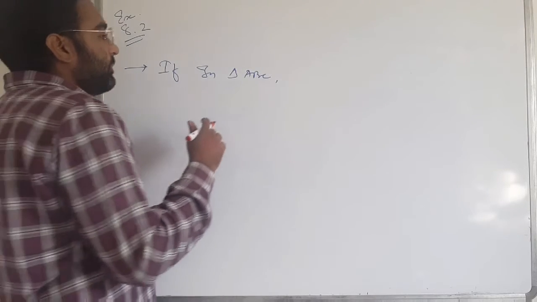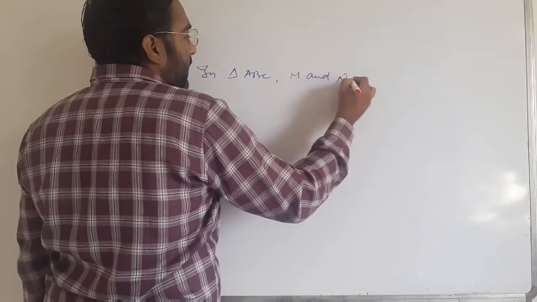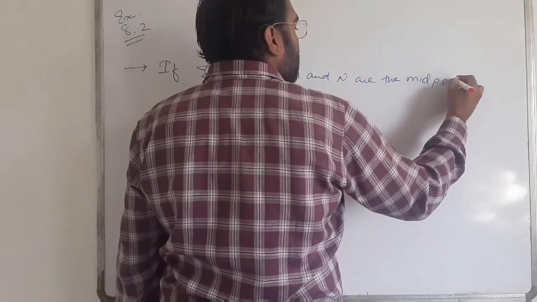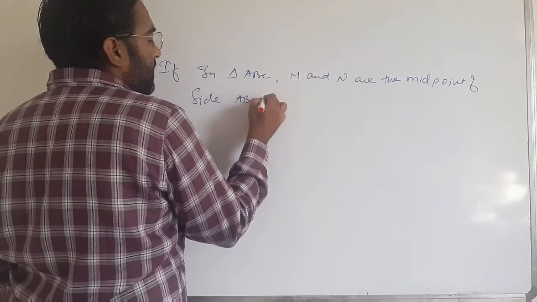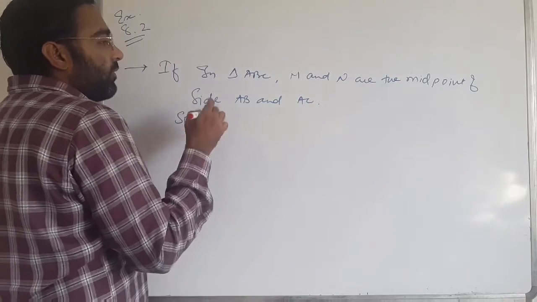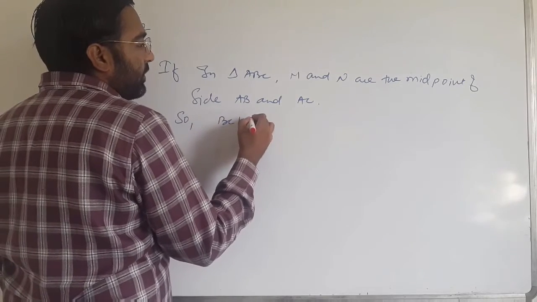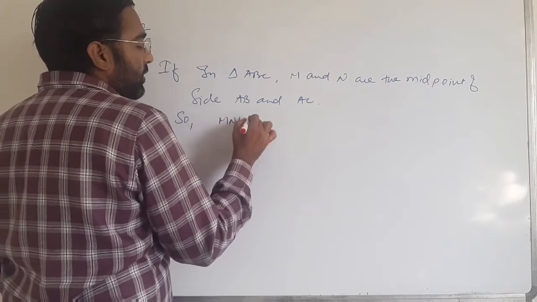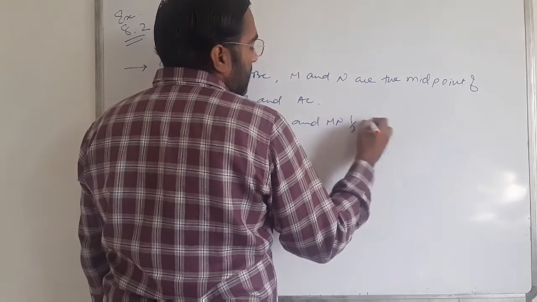So in triangle ABC, if M and N are the midpoints of sides AB and AC, then from that we say that MN is parallel to BC and MN is half of BC.